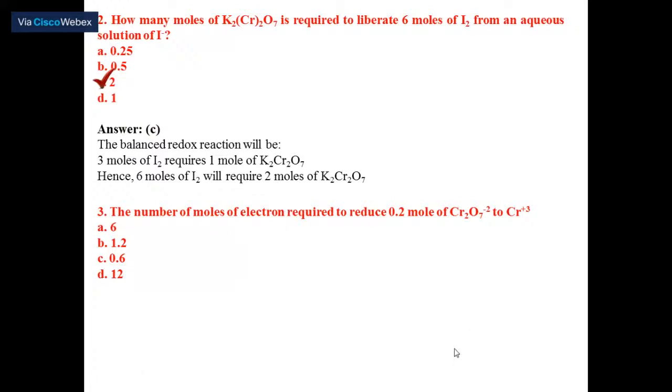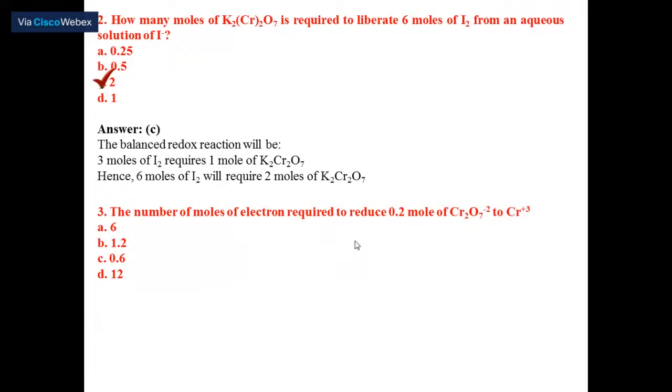Now we'll come to the third question: the number of moles of electrons required. Here the third question is different. In the second question, we calculated how many moles of dichromate are required to oxidize I- into I2. Now in the third question, moles of electrons required.